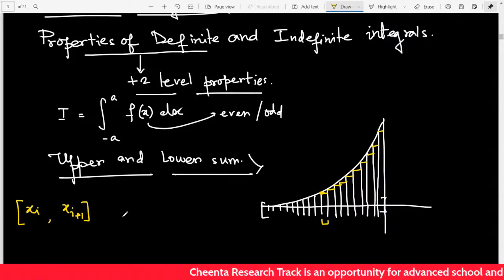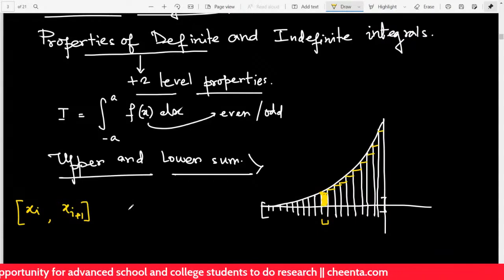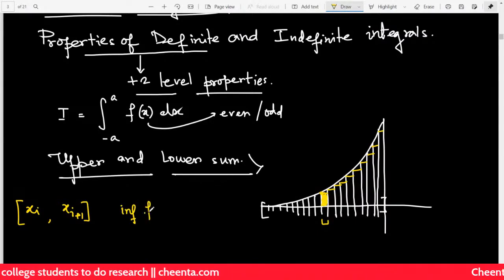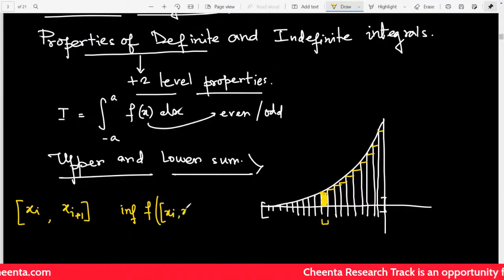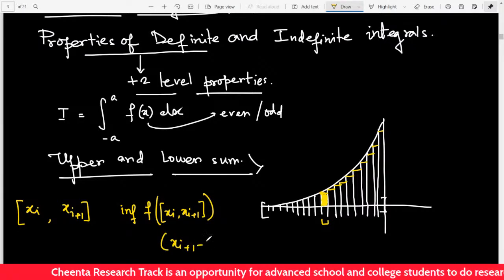In this closed interval, how do you take the area of this small yellow rectangle? The area of this small yellow rectangle is the infimum of f in this interval [x_i, x_(i+1)] into x_(i+1) minus x_i.